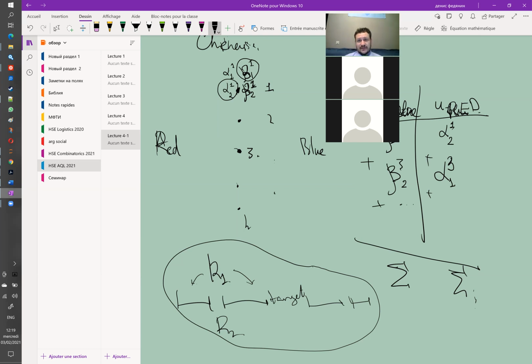But in this case, it might be that this value is very large, but this point is not interesting for my opponent at all, or he even has -3, -6, so he has only costs here. He doesn't have real benefits here. And in this case, even if beta is large here, maybe I don't need to choose it.